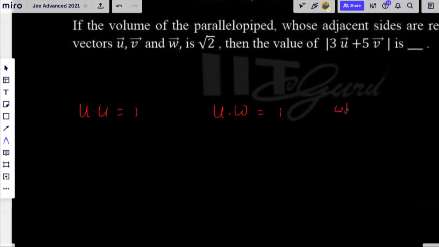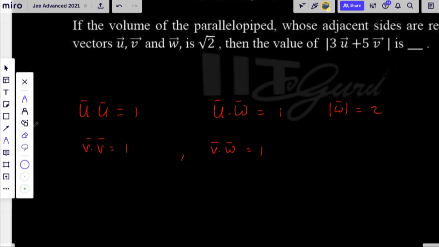And mod w is given here as root 2, because the adjacent sides are... So v dot v is 1, and v dot w is 1. These are the vectors, and the dot products are given.